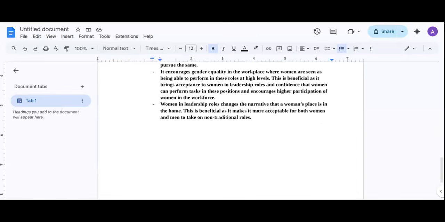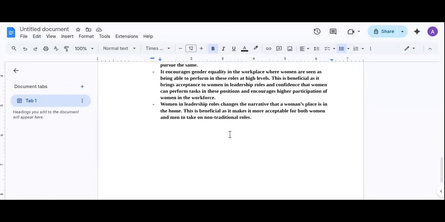So as I said before, this question kind of shows empowerment for women. So this is where it guides you as to how to answer based on empowering, or how women are empowered now.